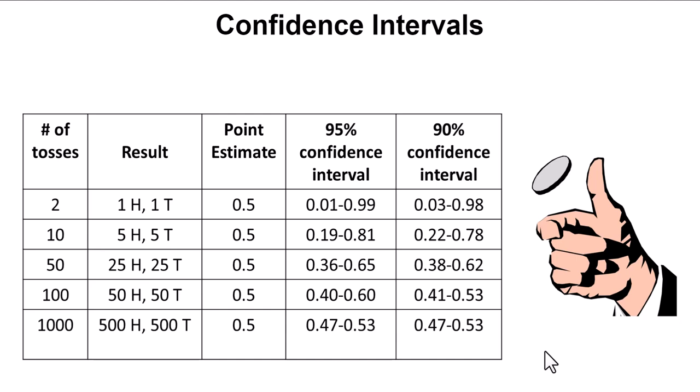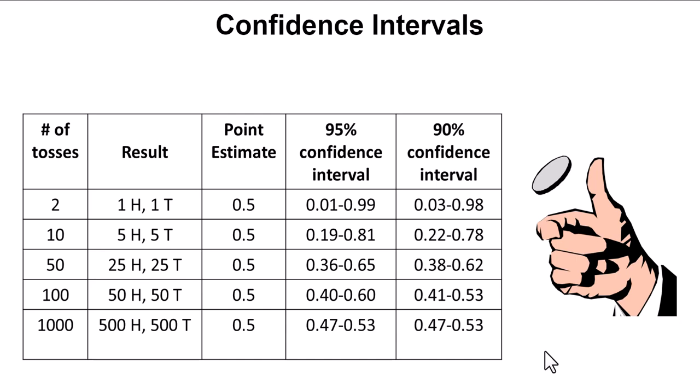Now, all the way down, if you toss the coin 1,000 times, you got 500 heads and 500 tails. Your point estimate hasn't changed. However, your 95% confidence interval is now the same as your 90% confidence interval.